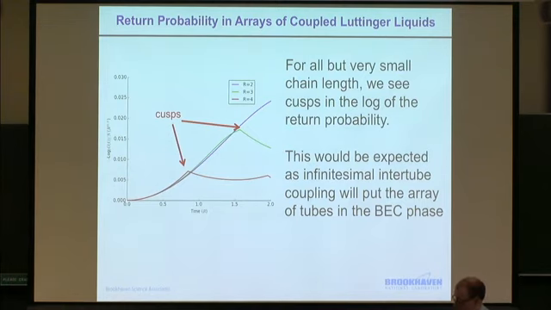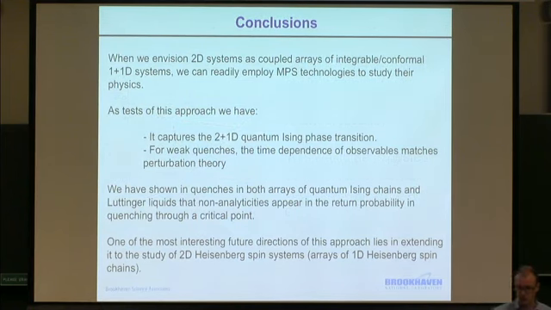So, with that, I will conclude. At least one thing I would like you to take away from this talk is that by combining integrability and MPS techniques coming from one dimension, we're able to study strongly correlated non-equilibrium behavior in 2D. This method has undergone several tests.